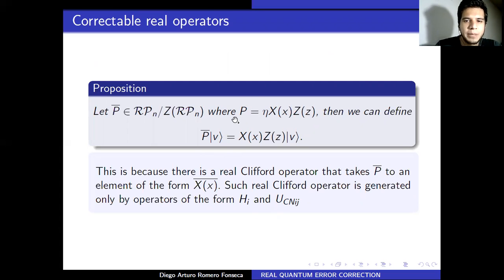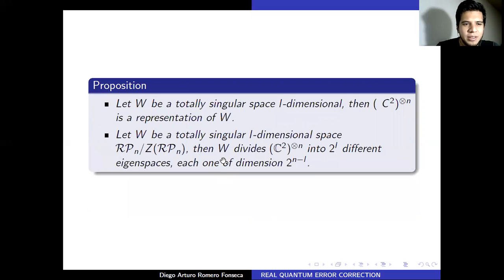The element P is an element like this, of course, and we are going to define the transformation of the coset just ignoring the scalar eta, the phase factor. And the good thing here is that if instead of isotropic spaces we take totally singular spaces, then the good properties that we had are maintained.